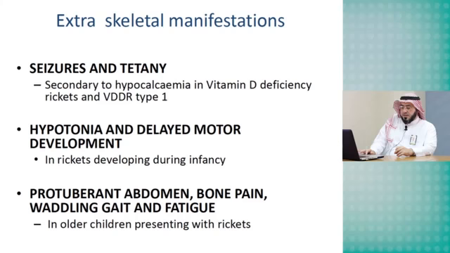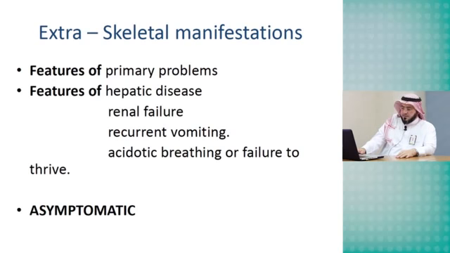We might have a waddling gait when the child with rickets walks. Fatigue, muscle pain, and body aches are all common manifestations of vitamin D deficiency, especially in adults. They feel always fatigued when they walk, and feel pain in the muscles and the bones, another important extra-skeletal manifestation.